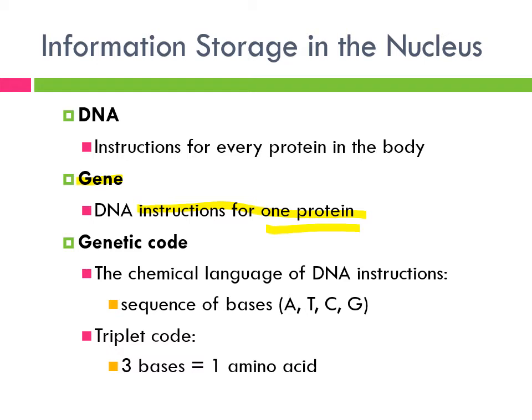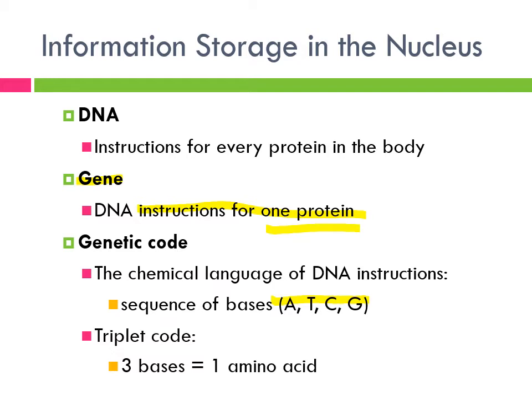Our genetic code is a chemical language of DNA instructions, and it uses a sequence of bases called A, T, C, and G: adenine, thymine, cytosine, and guanine. Those are our bases within our genetic code.